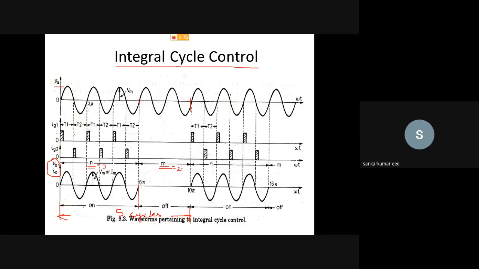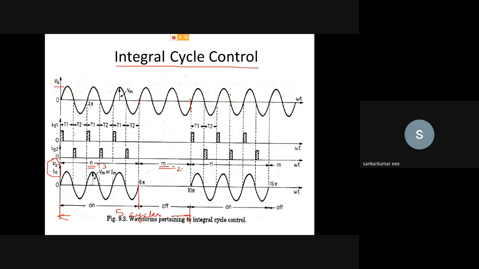Similarly, it will be repeated for the further cycles. Another 3 cycles it will be turned on, another 2 cycles it will be turned off. These types of integral cycle controllers are used for high thermal constant loads, since high thermal constant loads or high mechanical constant loads will not sense the turn off in between the cycles.